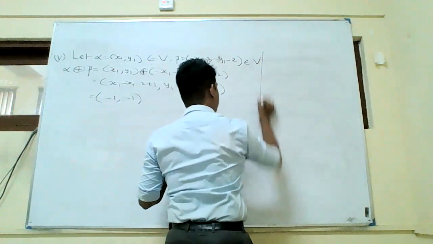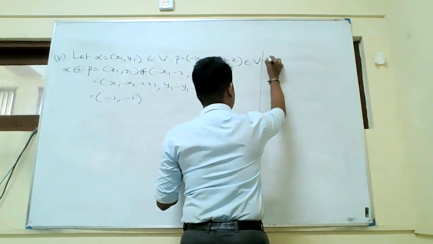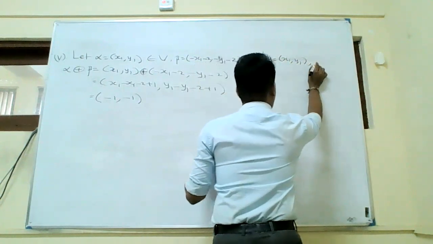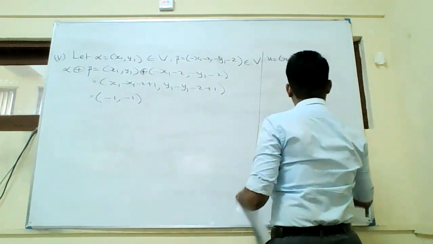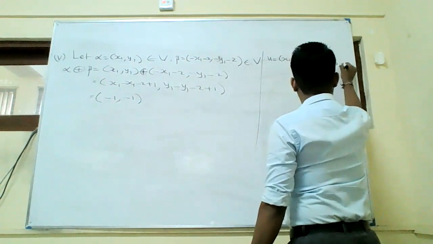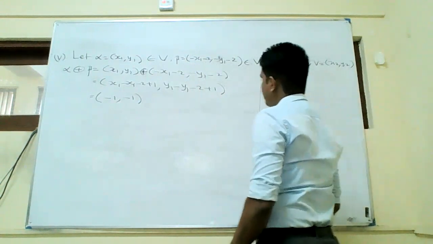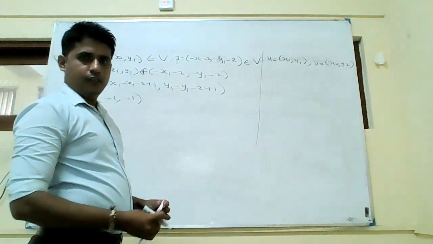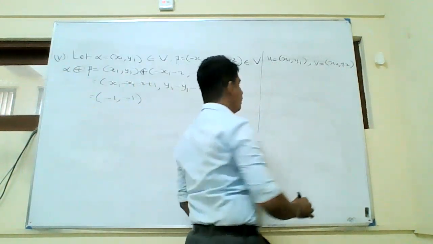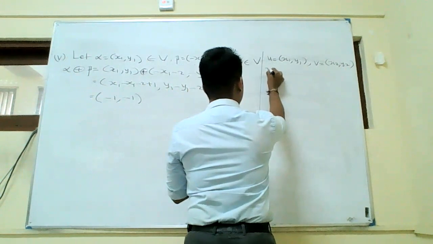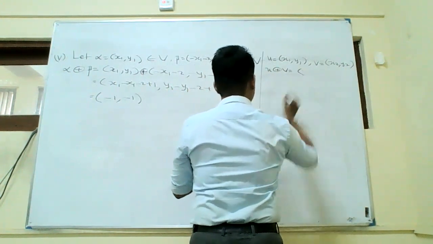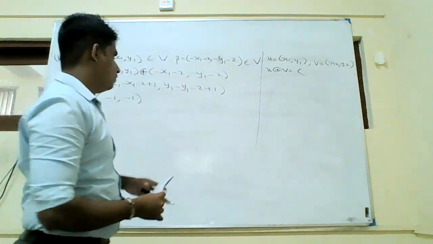You can work it out by assuming u is (x1, y1) and its inverse is (x2, y2). Now we are going to find the x2, y2 values in terms of x1, y1. If you add u plus v, you get the identity values minus 1, minus 2.